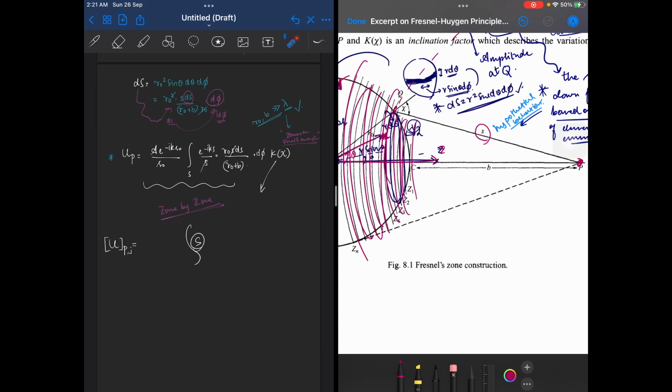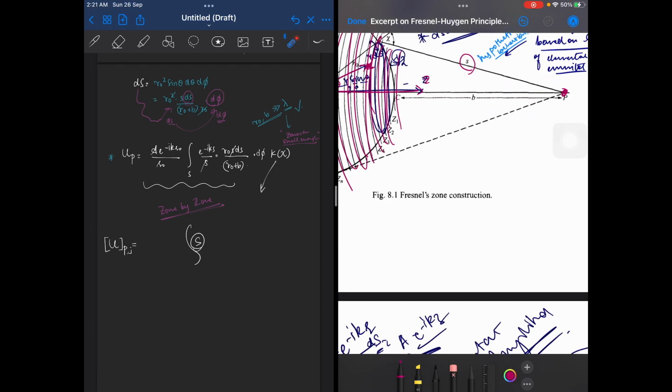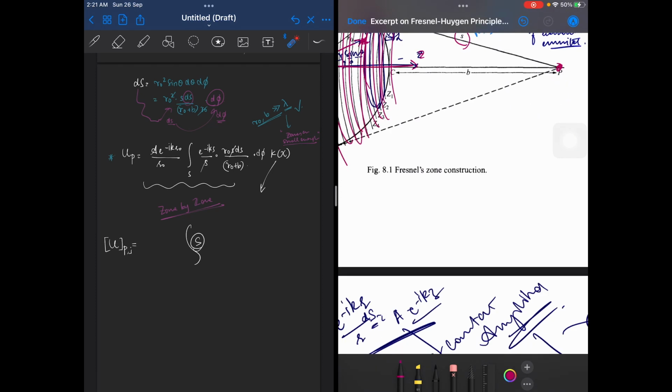Wait, what the heck? No. This will be a circle. This will be a sphere. This will be a circle. This will be a sphere.